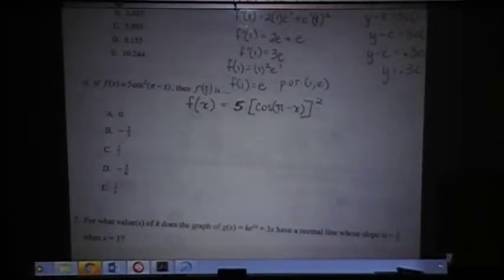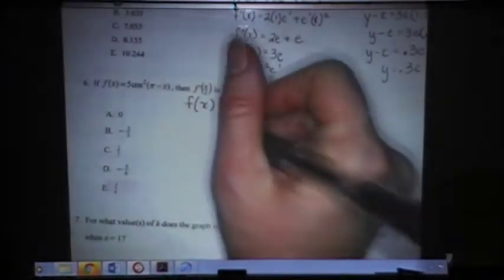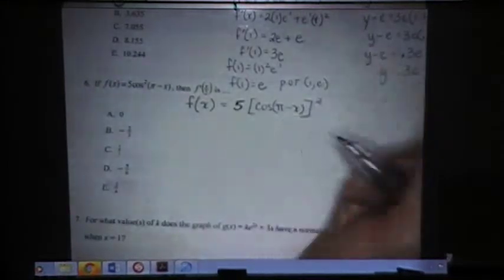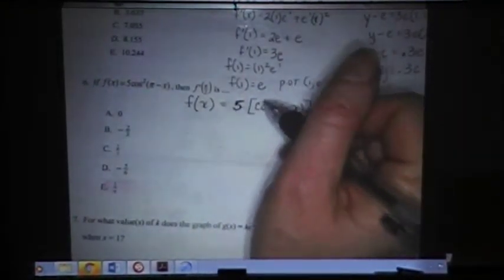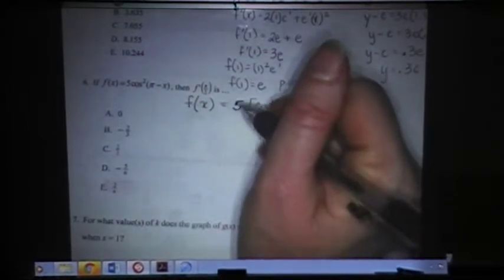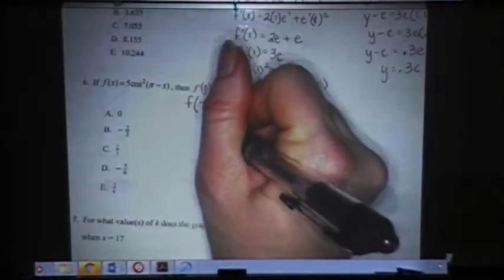And then I can see that I probably do need to use chain rule. Now remember that I could use product rule in this case because I have a constant, but because the derivative of a constant is 0, I know that the second piece is going to go away and the piece that has the 5 in it is going to remain. So I'm not going to worry about that right now.